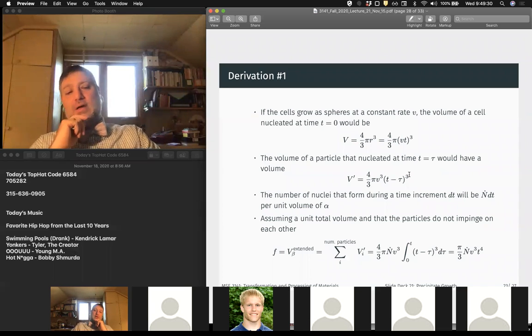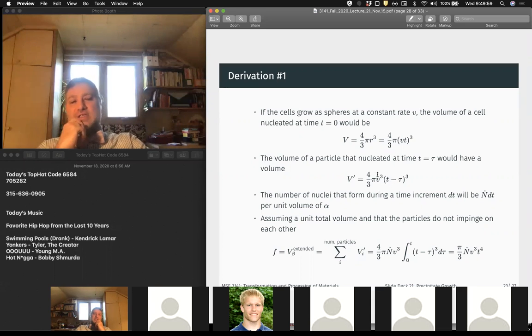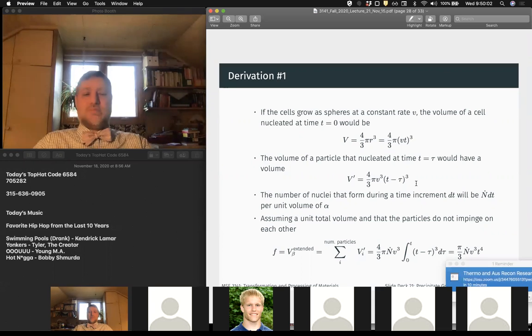If we nucleated at 2 seconds in, and we're currently at 5 seconds, the volume of this particle is 4/3 pi the velocity cubed times (5 seconds minus 2 seconds) cubed. This grew for 3 seconds cubed. So it's the same volume formula. Should be pretty straightforward.